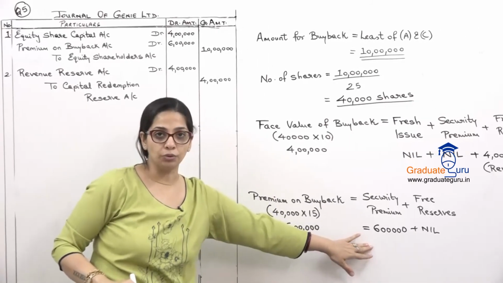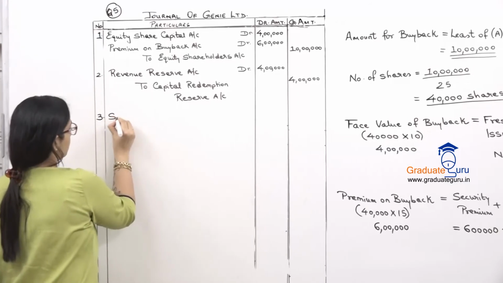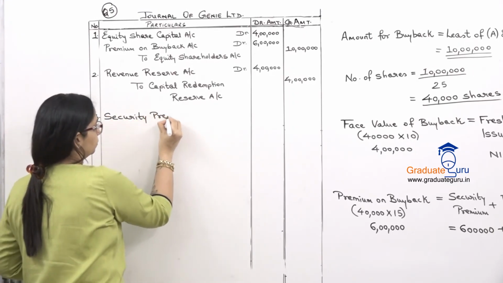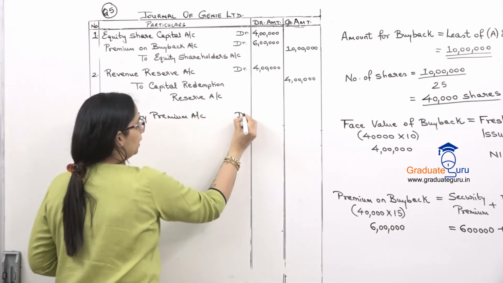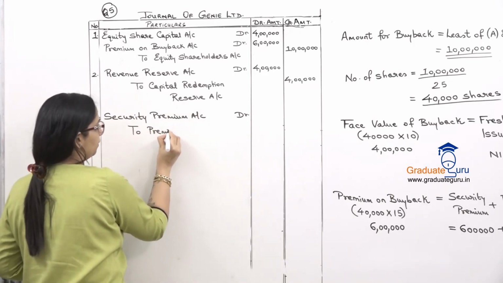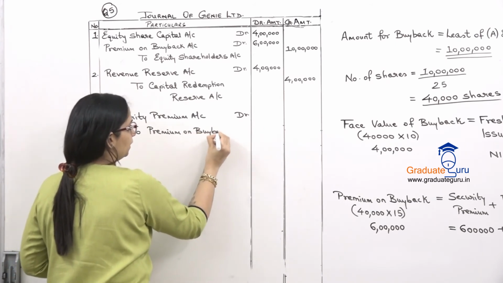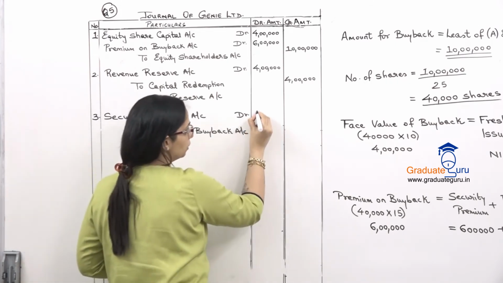Security premium account. Okay. So, security premium account debit to premium on buyback. We are writing off the premium against security premium. So, to premium on buyback account, whatever is the total amount, 6 lakhs.